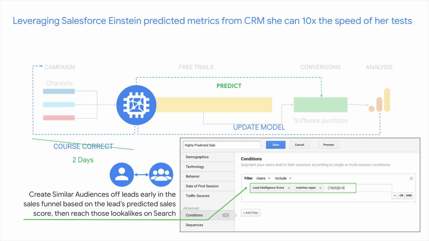It's Salesforce Einstein predicted metrics that allow you to automatically import that data into GA360 and use that data to optimize to that predicted high score of a conversion, so the probability of a conversion to happen before that conversion happens, which means you can automatically segment the leads into those that are highly likely to convert and optimize to them before that happens in 360 days, which means you don't need to wait for those leads to actually convert at the end.